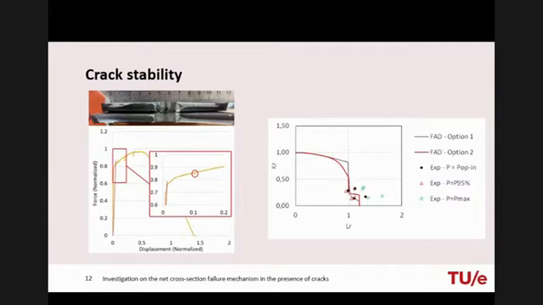And the third assessment is one in which the load is identified by the intersection of a second line having 95% of the slope of the linear part of the load displacement curve. It seems that the load at the pop-in and the load identified by the second slope give the best agreement between the prediction of the failure assessment diagram and the experiments.